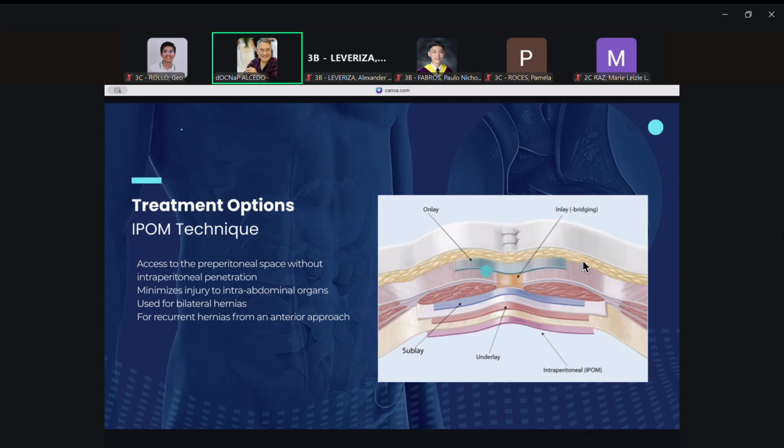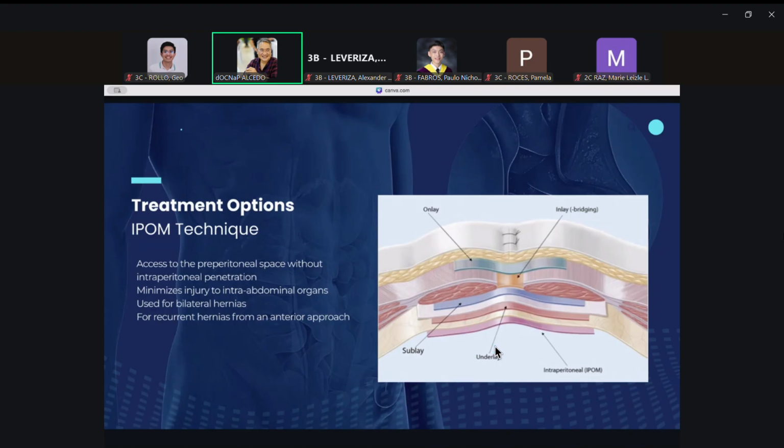So just to show you the positions of the mesh in relation to the anterior abdominal wall structures. So whether it's sublay, onlay, inlay, okay, underlay, and intraperitoneal. Okay, pag intraperitoneal IPOM, this is again a different type of mesh, no? The regular mesh that we use for the Lichtenstein repair or for the TAPP or the TEP, ano siya, it's made of polypropylene.